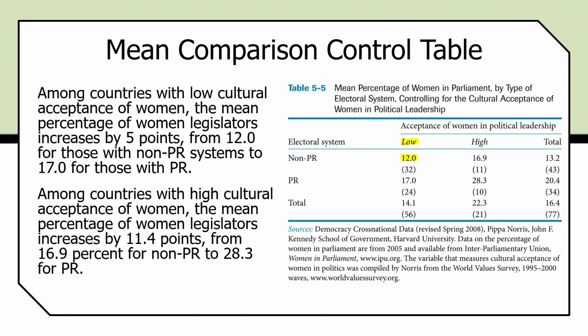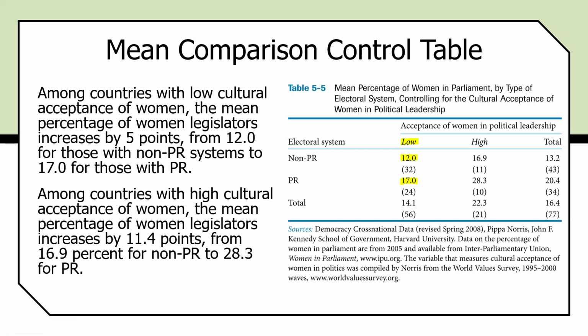And when you switch institutional systems here to PR systems, indeed, the percentage of female parliamentarians goes up by about 5 percentage points, from 12.0 to 17.0. Is there an effect in the hypothesized direction? There is indeed. So we would say, sure, something's going on there, even in countries with a low cultural acceptance of women. But let's switch on that amplifier again, if you will.